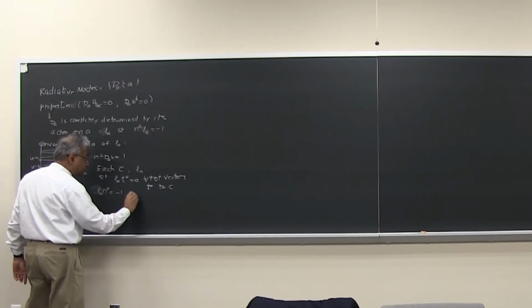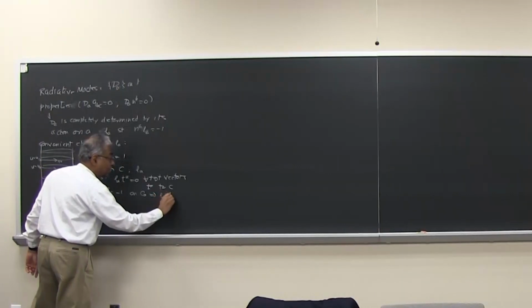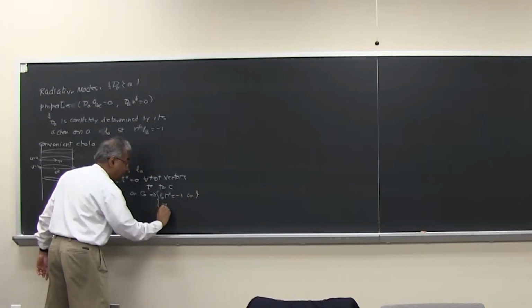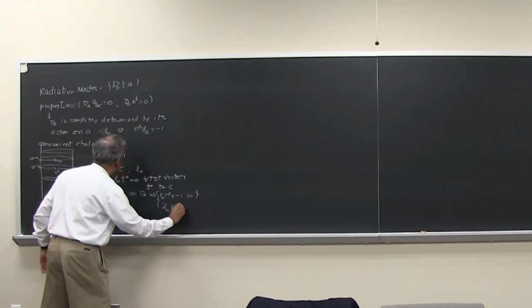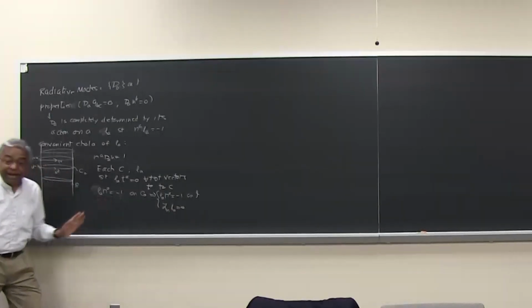Then that would say that l_A n^A equals -1 everywhere on scri, and Lie derivative of l along n equal to 0. So these cross-sections are Lie dragged by n, l is Lie dragged by n, and we get this frame.